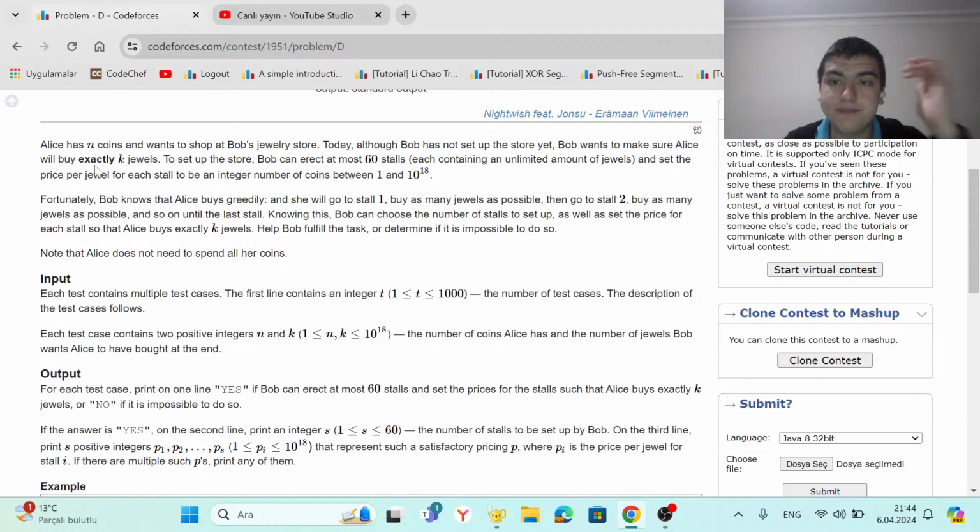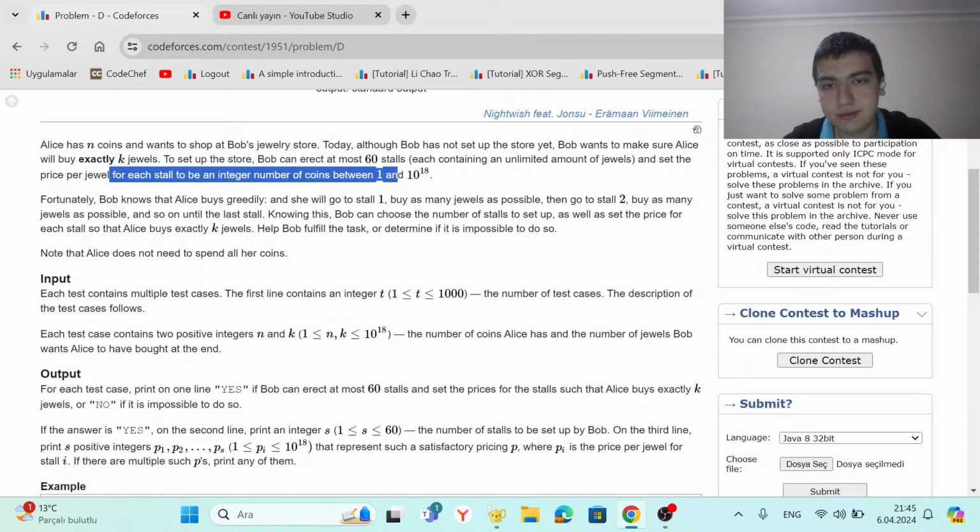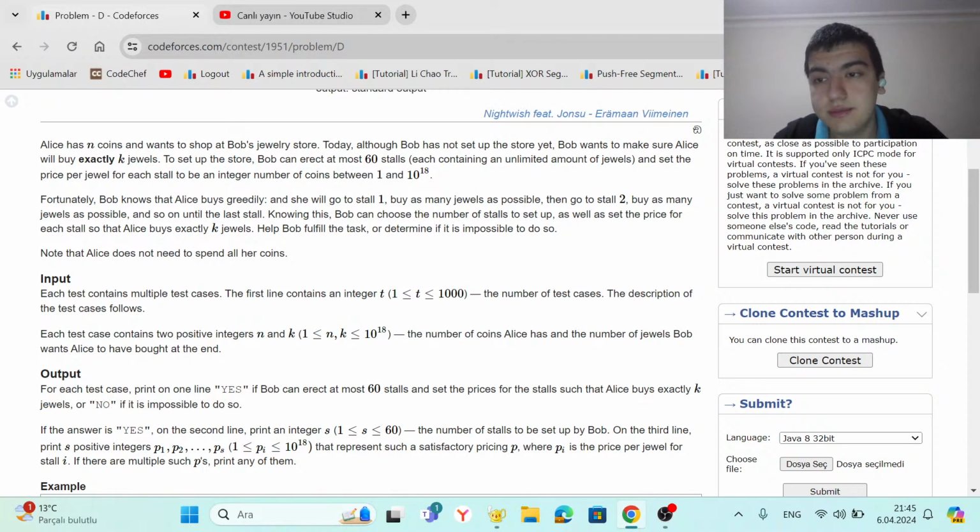Bob has 60 stalls, each with an amount of jewels, and he has not set the prices yet, but he can set them from 1 to 10 to the power of 18.